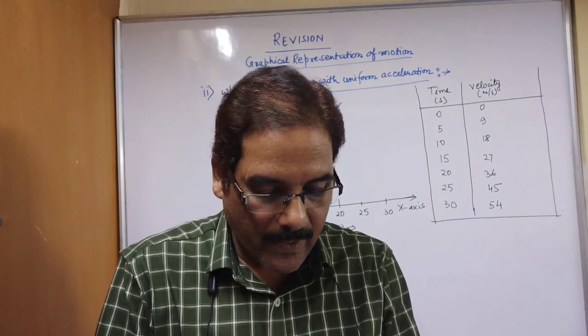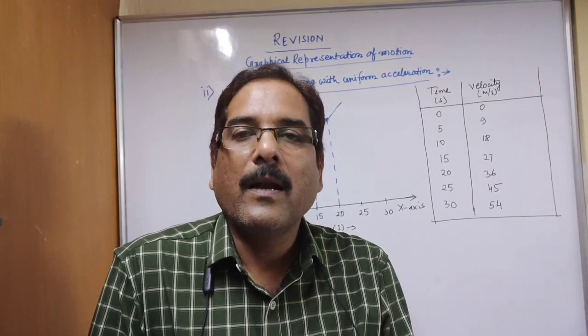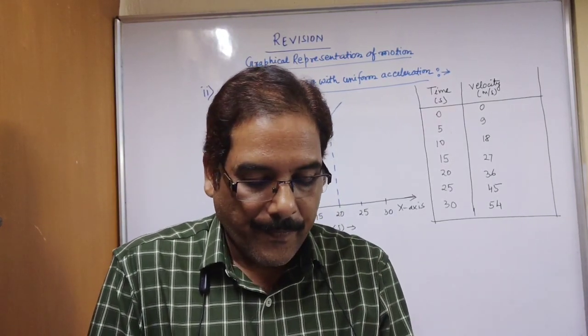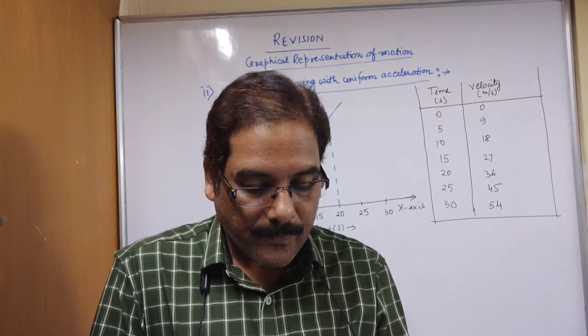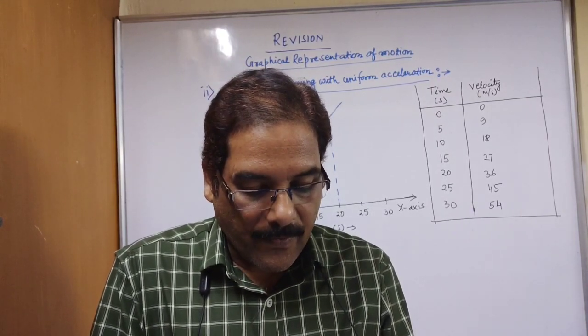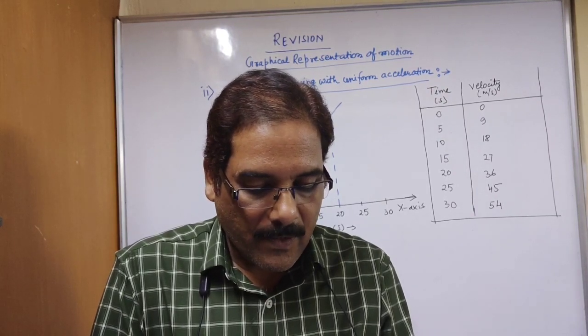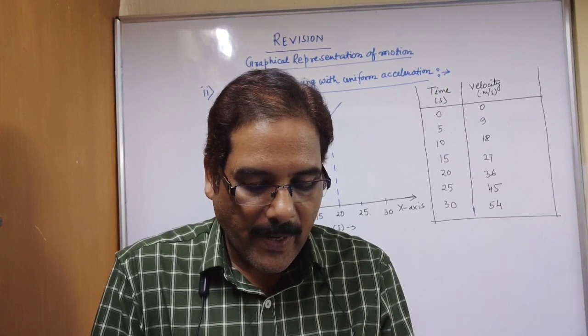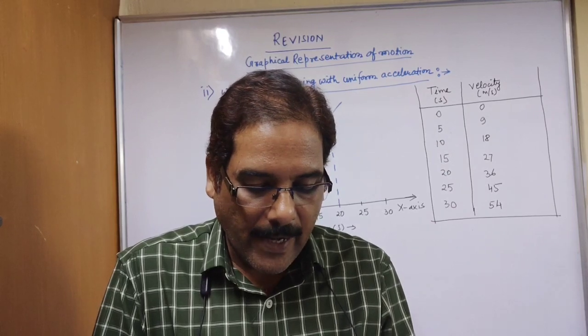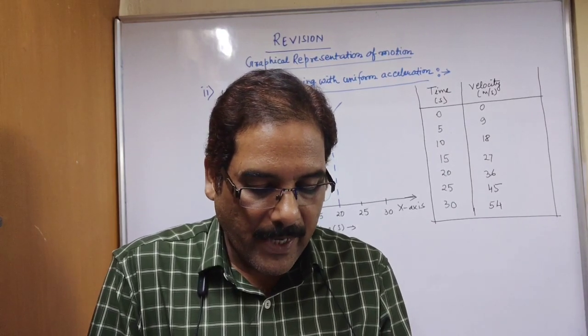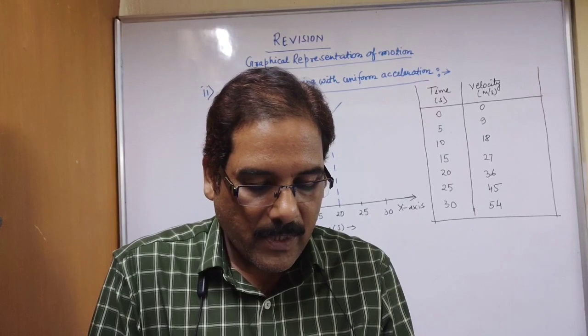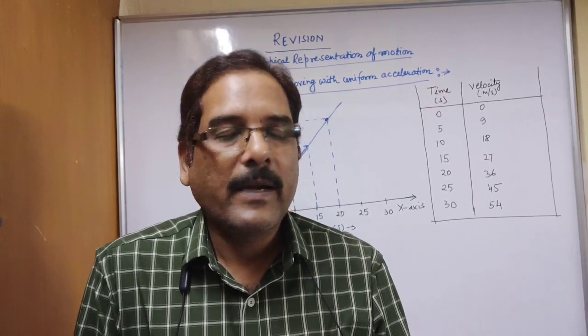I am reading further on page 106, first paragraph. In this case, the velocity time graph for the motion of car is shown in figure. The nature of graph shows that velocity changes by equal amounts in equal interval of time. Thus, for all uniformly accelerated motion, velocity time graph is a straight line.